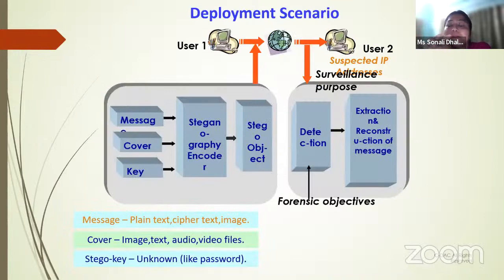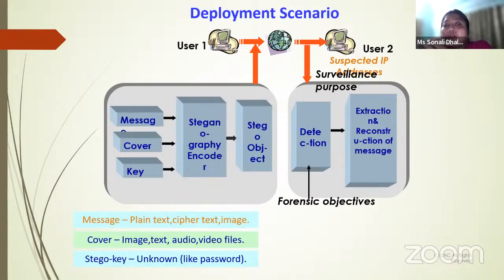Now this is the deployment scenario of steganography. User 1 is creating a steganography object using some cover image or cover file, by using a key and a message with the help of a steganography encoder. Using that encoder, a stego object is created, and over the internet it is sent to user 2, his or her peer communicator.